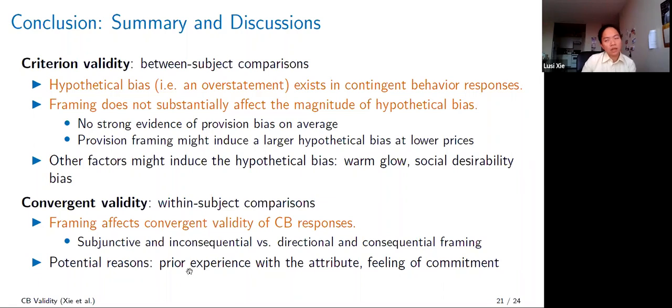And also we guess that it's possible that for participants in T2, when they indicated they wanted to buy a lot of chocolates to get T3, when they were actually provided with stage 3, they feel they have to commit to buy as many chocolates as they indicated in stage 2. Again, it's a conjecture.